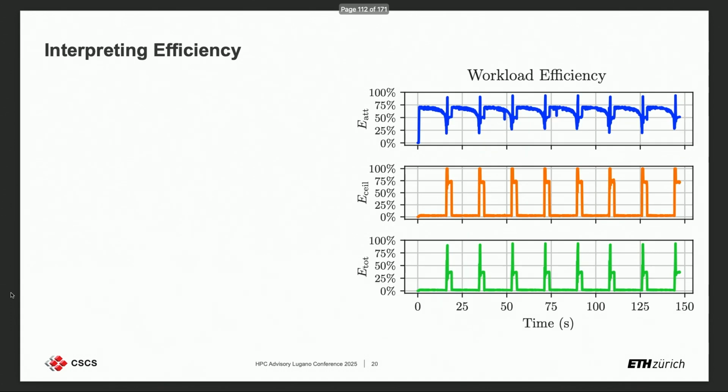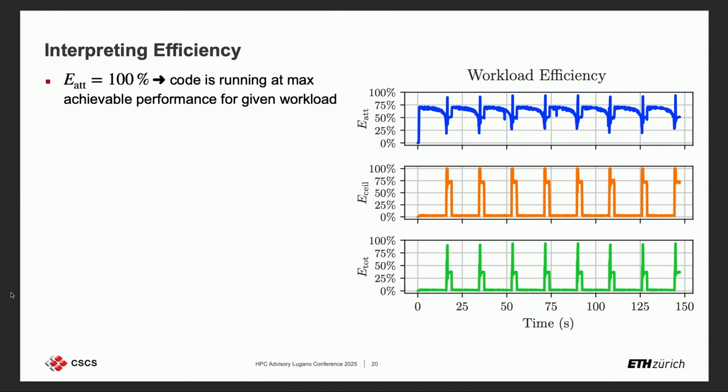Okay, so these are some workload efficiency plots of the mystery workload that I showed you before. You can see that the attainable efficiency is almost always high. It's roughly around 75%, oscillates a bit, but the point is that when you have an attainable efficiency of about 100%, you know that your code is running at the maximum achievable performance for your given workload.